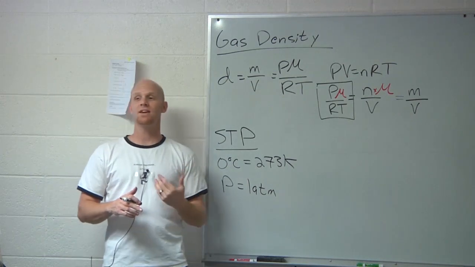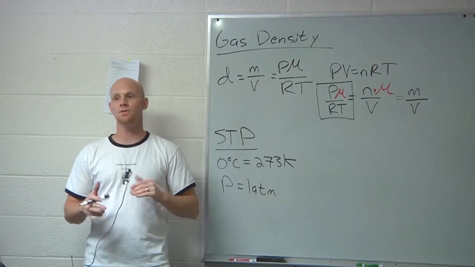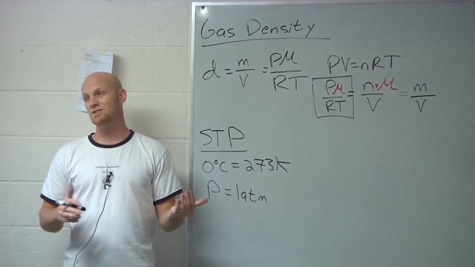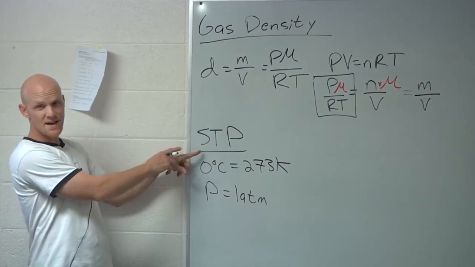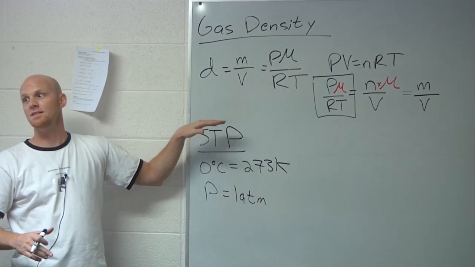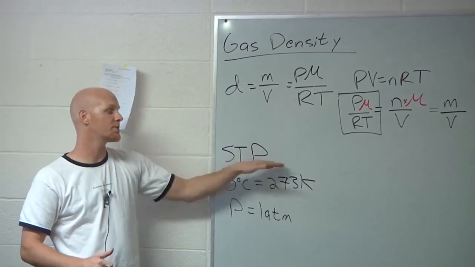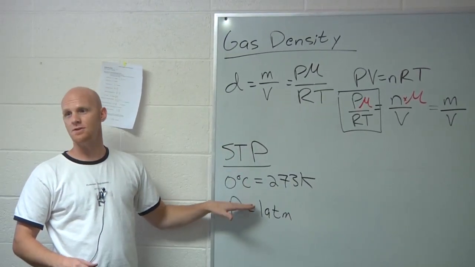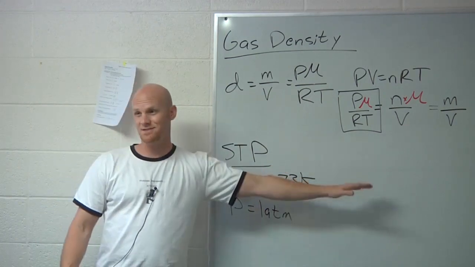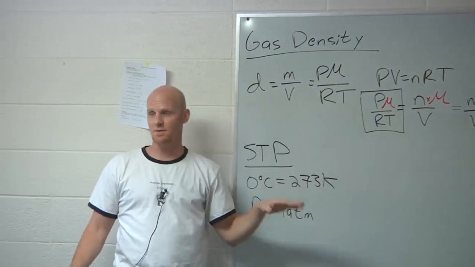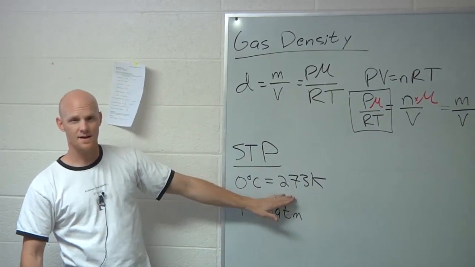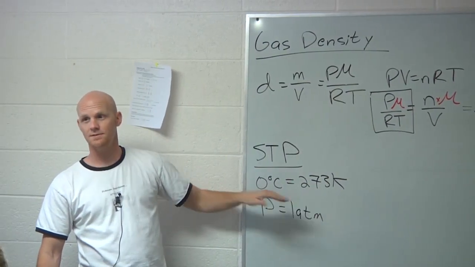We usually assign room temperature, which is usually 25 degrees Celsius or 298 Kelvin. But this is not standard conditions. This is distinct from it. This is STP, standard temperature and pressure, and we have to remember it's 0 degrees Celsius. So next semester, just remember there's a difference between STP and standard conditions. But for now, we're only going to deal with STP, and it is indeed the freezing temperature of water.